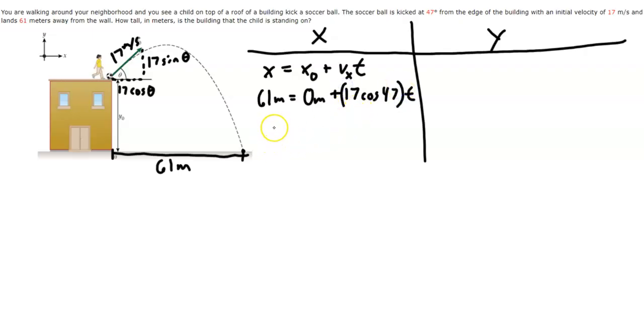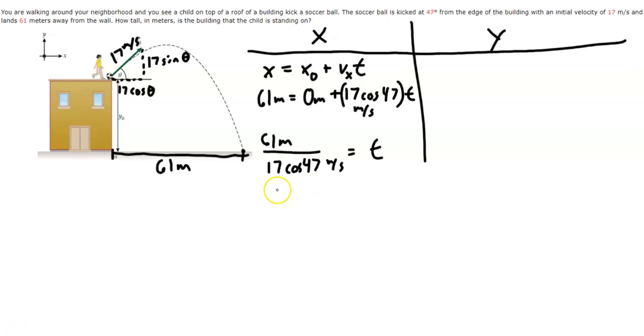That was meters per second; I left that out. So we will divide both sides by 17 cosine of 47, and that's going to be the time.